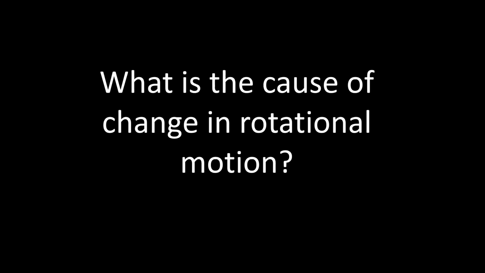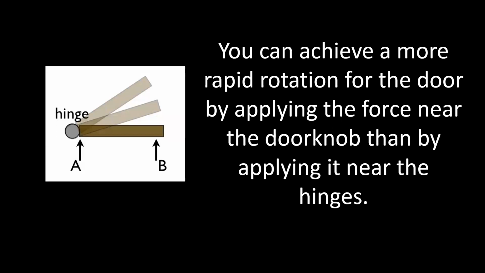So what is torque? Torque is what happens when you apply a force to an object that can rotate, and that force causes a change in angular velocity, or causes angular acceleration.